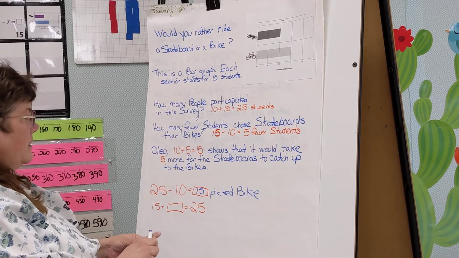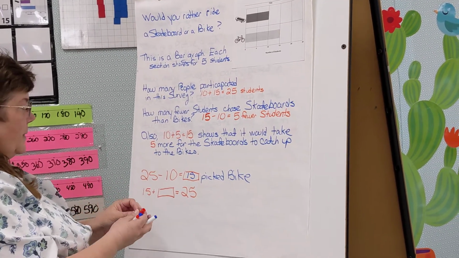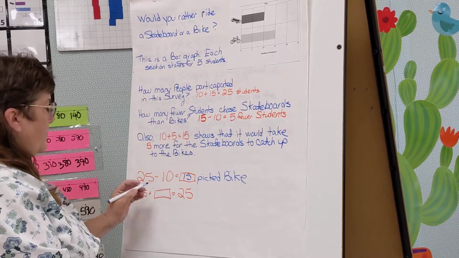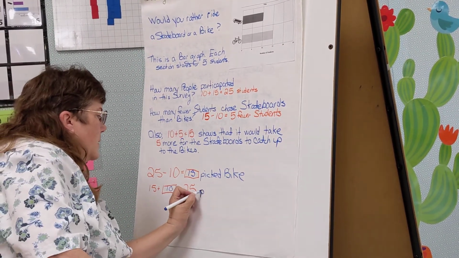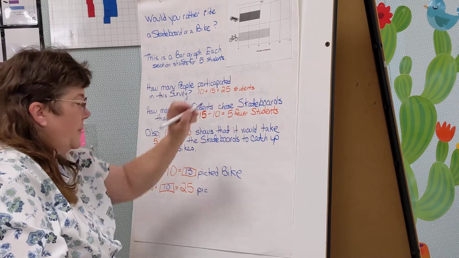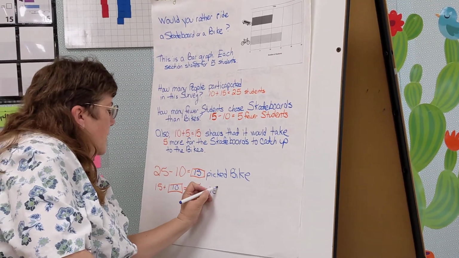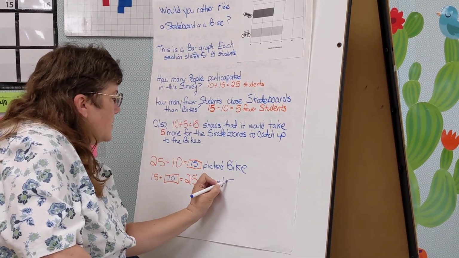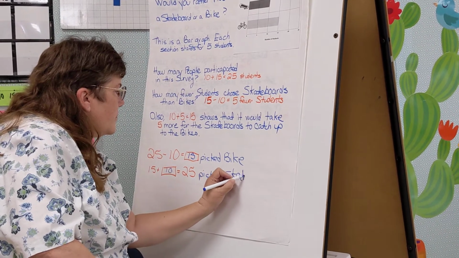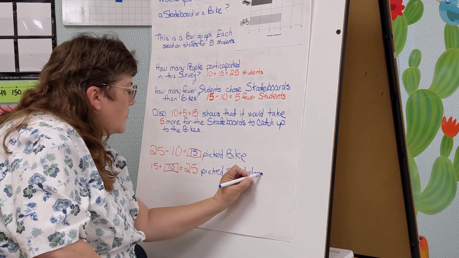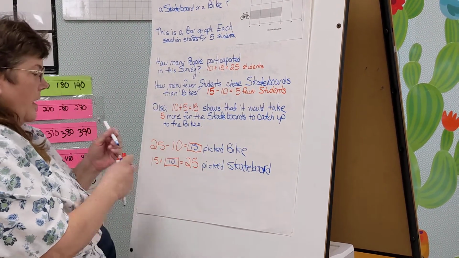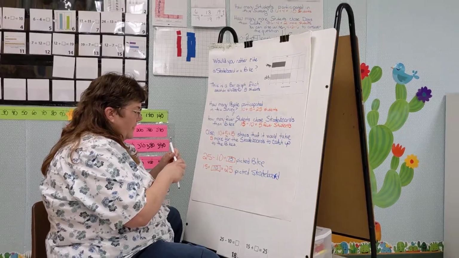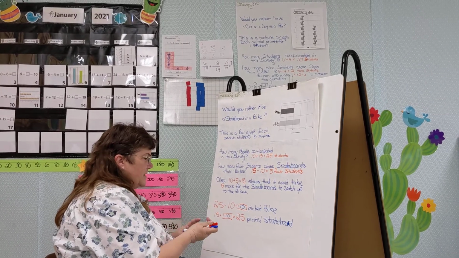This one is asking how many people picked skateboard. 10 people, students. 10 picked skateboard. Sorry, you guys. I'm left-handed, and writing left-handed out a ways is not very easy.